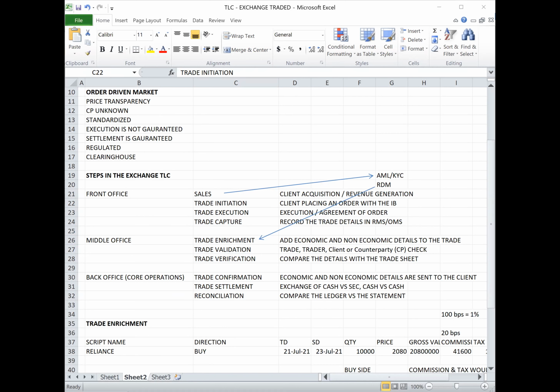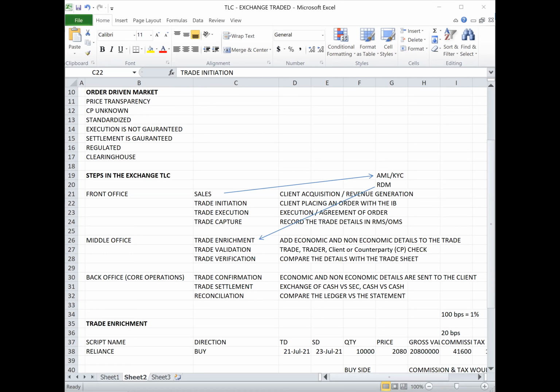So there'll be a trader sitting in the front office of the investment bank. Do you remember trading desk? We talked about sales desk. On the trading desk, you will have different trading desks: equity trading desk, fixed income trading desk, derivatives, forex, and all.